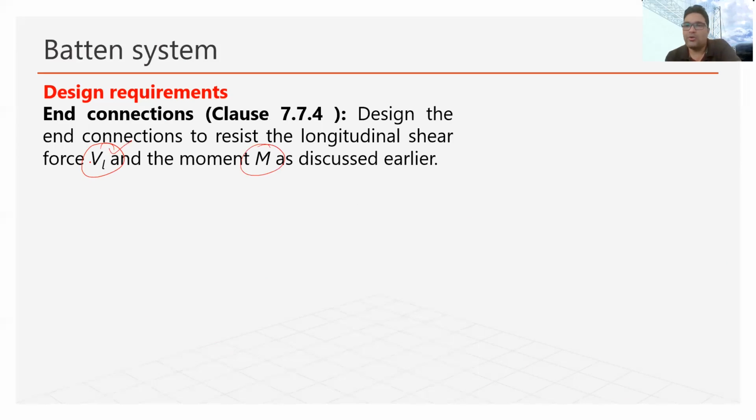VL is the longitudinal shear force and M is the moment. And as I have discussed earlier also, both of these are due to the provision of transverse shear. So now in this end connection, if we are supposed to design a welded connection or a bolted connection, how do we design that? That is all about it.